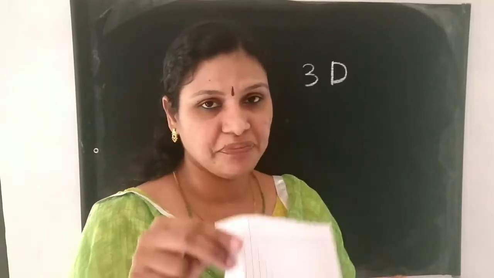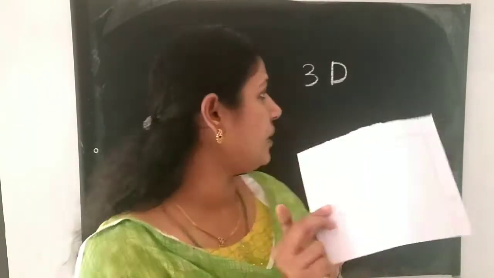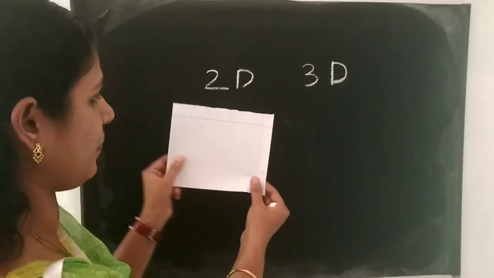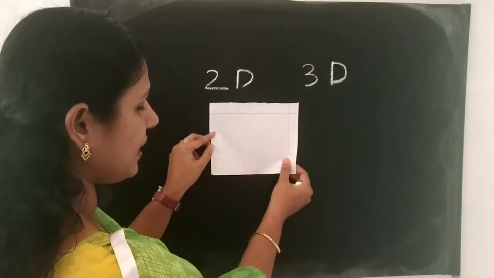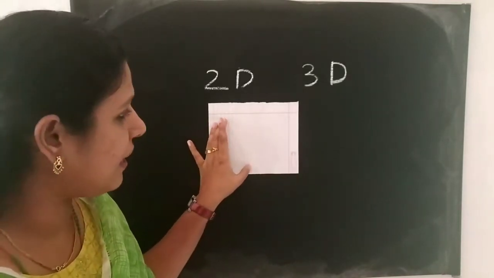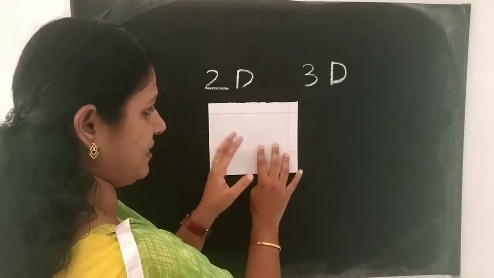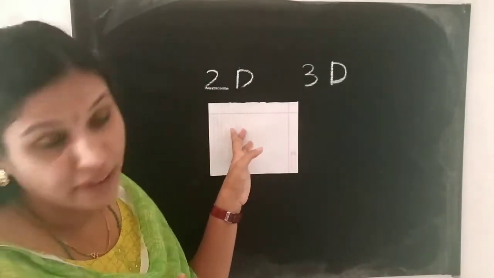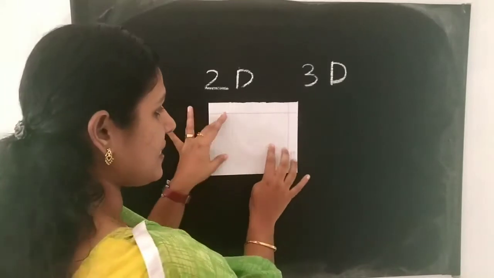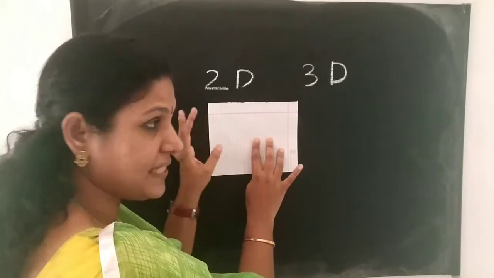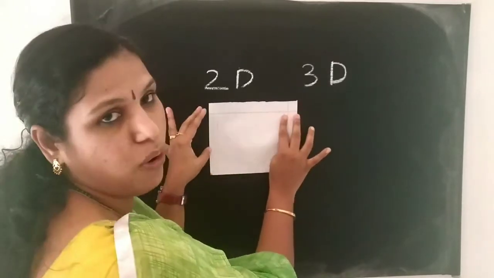Here, see this. This is a 2D shape. When we place these 2D shapes on this blackboard, on this surface, we can see that this paper, these 2D shapes, stick on this board.